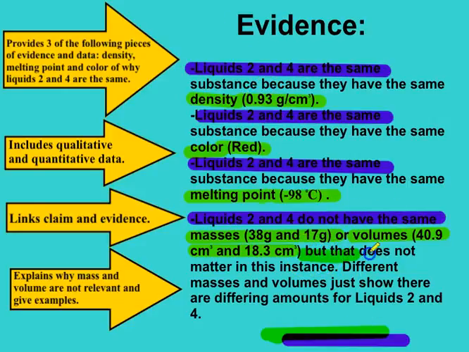But that does not matter in this instance. Different masses and volumes just show there are different amounts of liquids 2 and 4. So now I've done that as well. I don't have to use any of the scientific principles. A lot of you use the scientific principles in this section, but it does not need to be in this section. That should be in the next section on reasoning.